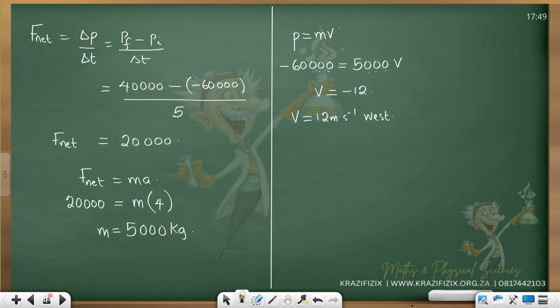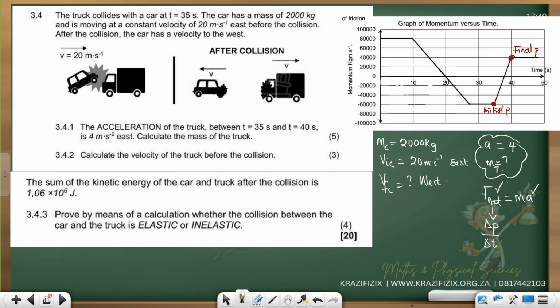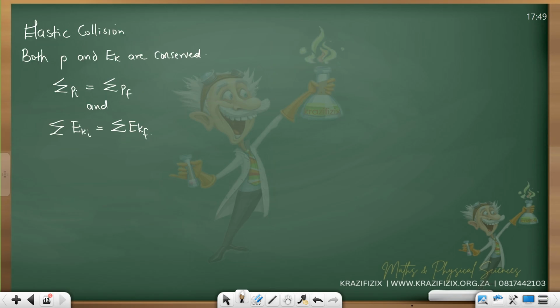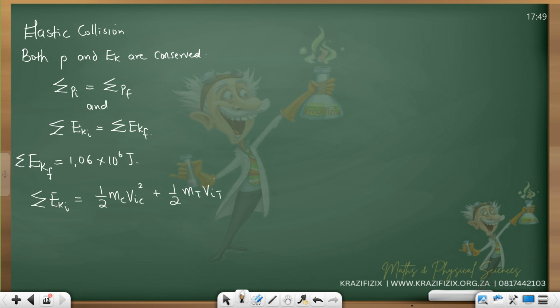But what information were we given? We were told something very important. The sum of the kinetic energy of the car and the truck after is 1,06 times 10 to the power 6. All we need to do is to calculate the sum of kinetic energy initial, which will be half m car initial velocity of car squared, plus half m truck initial velocity of the truck squared.